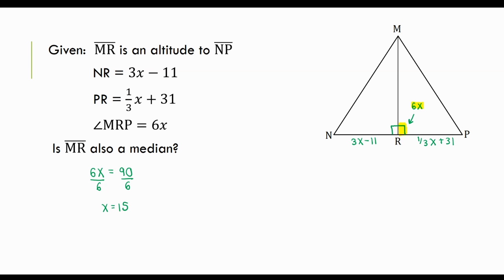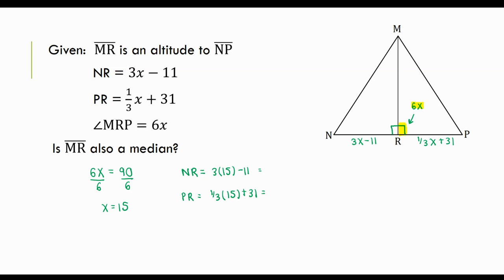So in order for us to determine if we have a median, I need the segment of NR and the segment PR to end up being the same length. So I'm going to substitute 15 into both of those. So we'll do 3 times 15, then we'll subtract 11. Over here, we'll take 1/3 of 15, and then we'll add 31. So if we do 3 times 15, we're going to get 45.